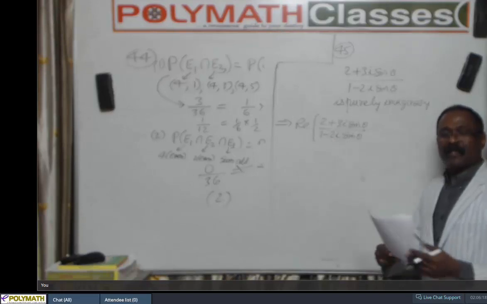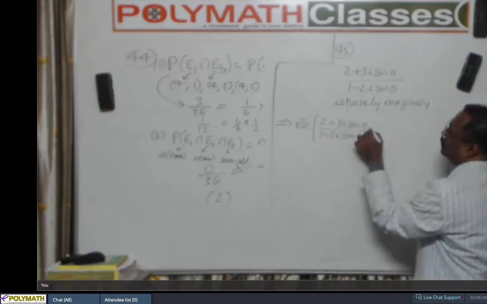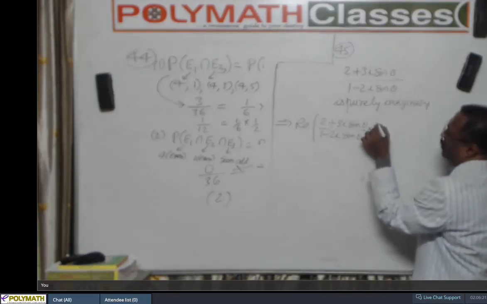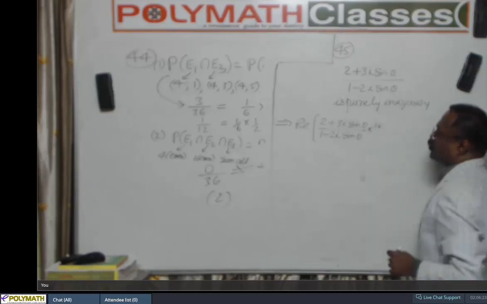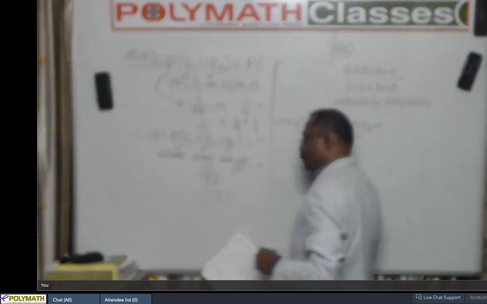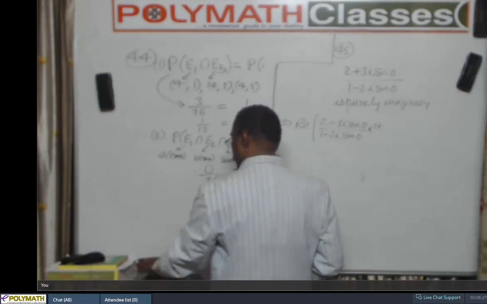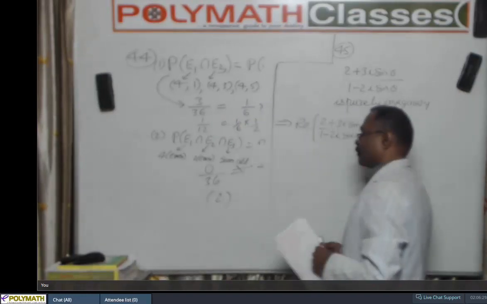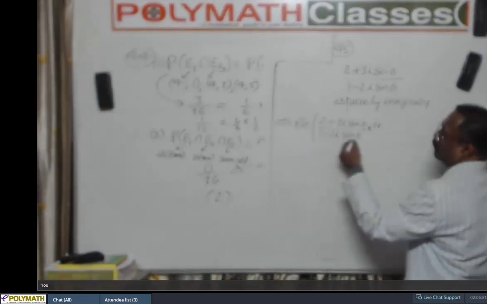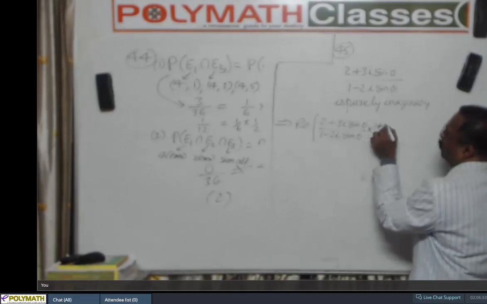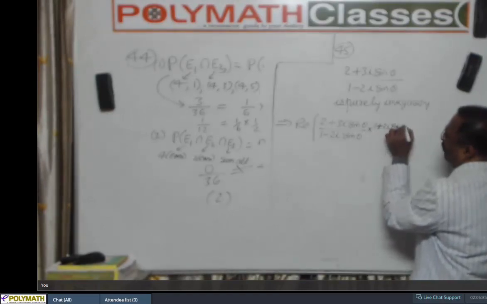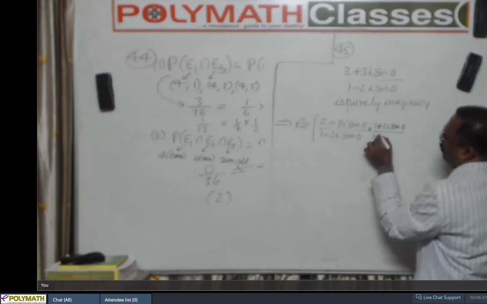To realize the denominator, I'm writing its conjugate, 1 plus 2i sine theta by 1 plus 2i sine theta.